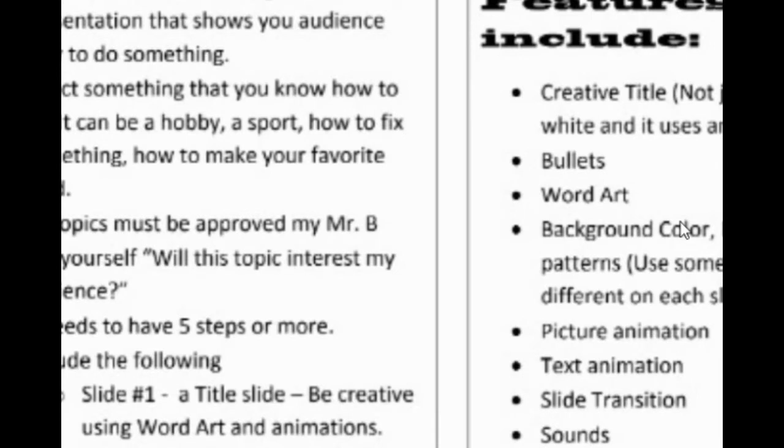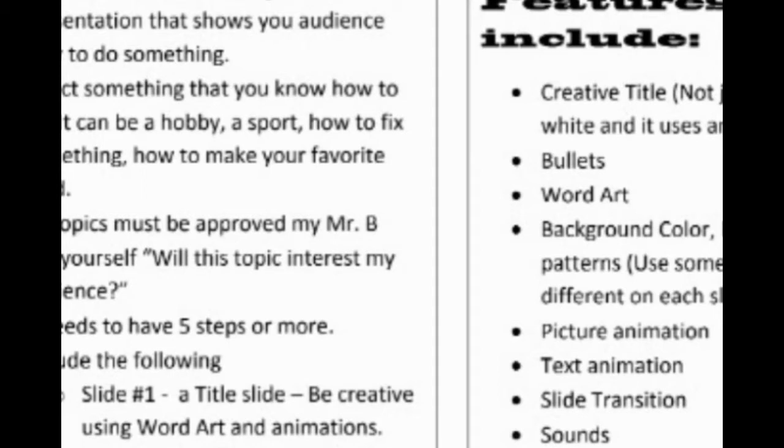I also like to see animations for those pictures and also for text that you use. Try to animate everything that's in the slideshow. Some way, somehow, do something with it. And then you also want to include some slide transitions. If you want to use some sounds or music, you can also do that. Those are just optional, though.